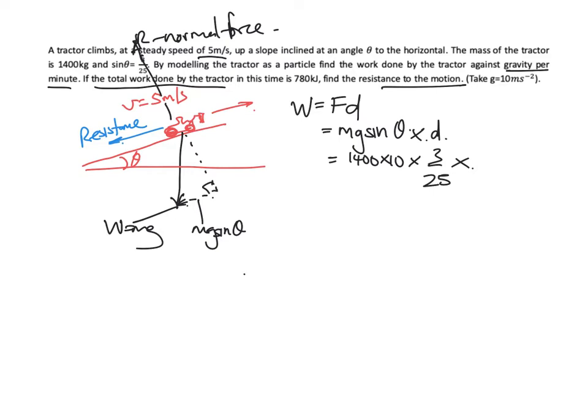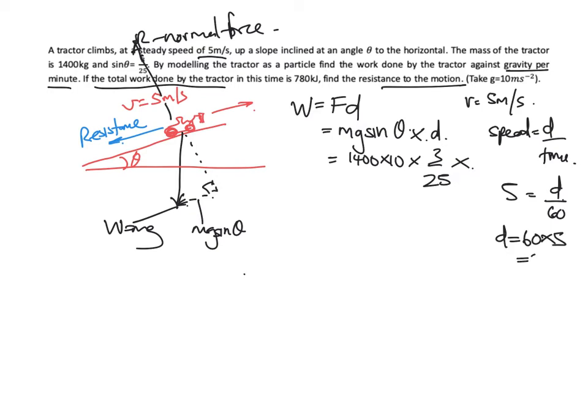So the velocity v equals 5 meters per second, so that's speed. We know speed equals distance over time, and time here is given as per minute, so it's for 1 minute, which is 60 seconds, and speed is 5. So from there we can find the distance. Distance equals 60 times 5, which is 300 meters.